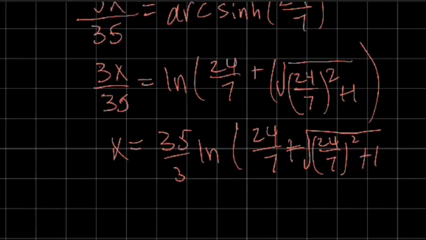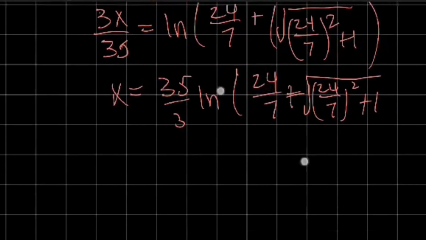And we plug this into the calculator. We get 24 over 7 plus the square root of 24 over 7 quantity squared plus 1. Close this.